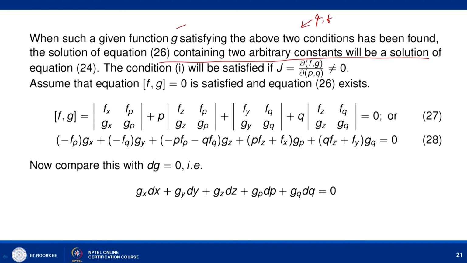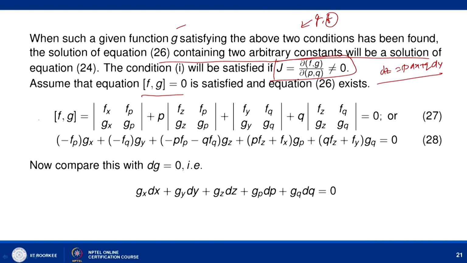then we can say that the solution of equation 26, containing two arbitrary constants, will be a solution of equation f equal to 0, and condition 1 will be what? Condition 1 means that f and g can be solved in terms of p and q, which is equivalent to the Jacobian of f, g with respect to p, q being non-zero, and that f and g have one solution in common, meaning dz equal to p dx plus q dy is integrable. This simply says that the bracket [f, g] has to be 0.